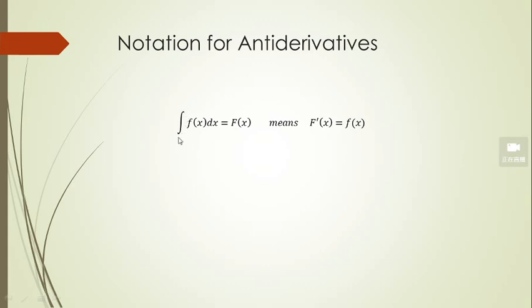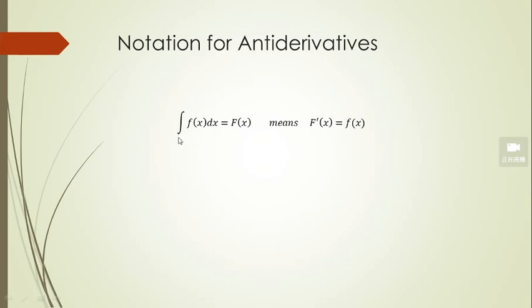Here, this integral is without lower and upper limits, right? So we call this one the indefinite integral, without the lower and upper limit. The other parts are the same. This is the integral sign. This is the integrand function. dx indicates the variable is x.